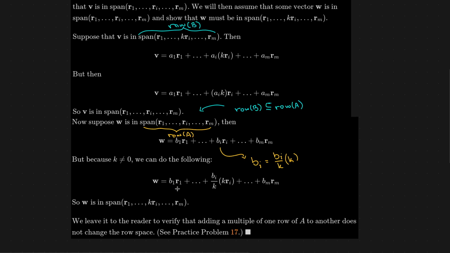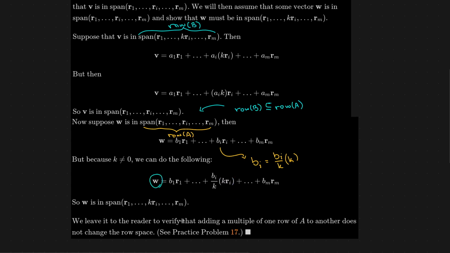And so now I have a constant times row 1 plus a constant times row 2 plus a constant times the ith row of matrix B after we've done that elementary row operation. I've multiplied row i by K, and I still have just a constant times the vector after the elementary row operation.